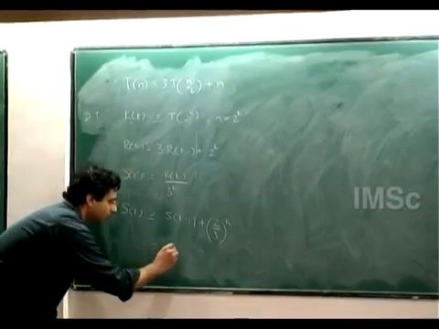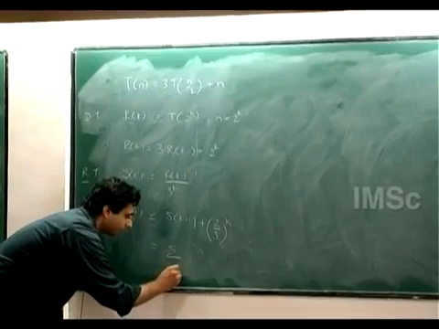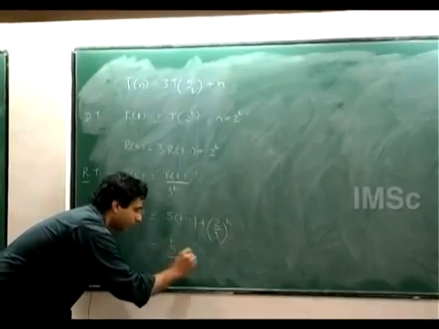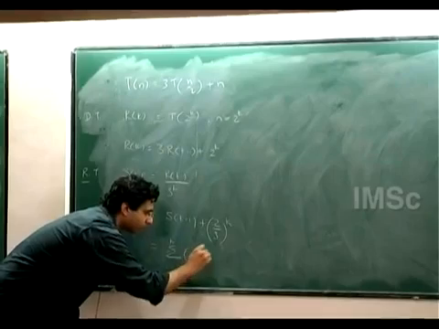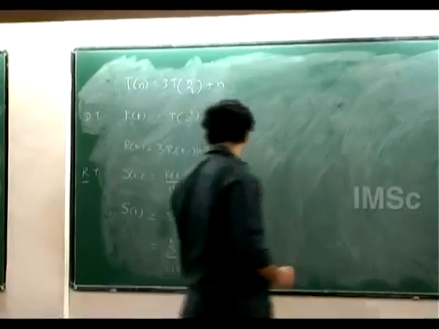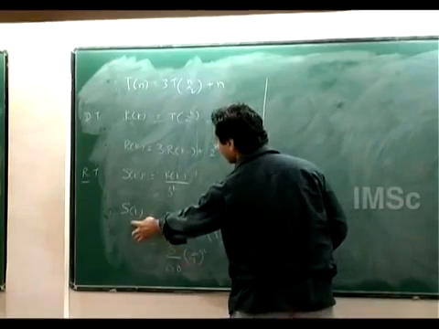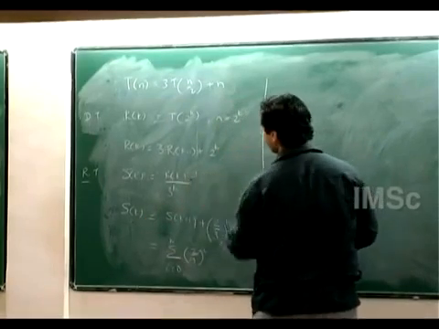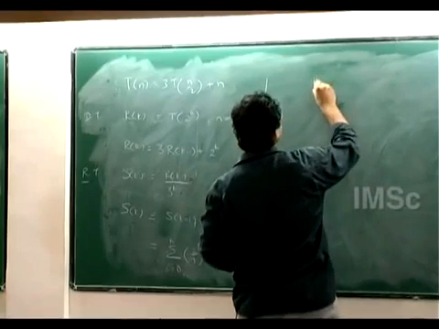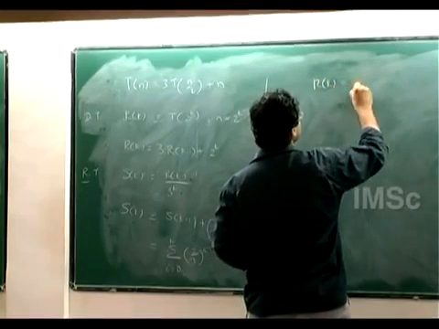I know that this is just the sum over i from 0 to k of 2 by 3 raised to i. So that is my solution for S of k. To get the solution for R of k, I have to multiply by 3 raised to k.